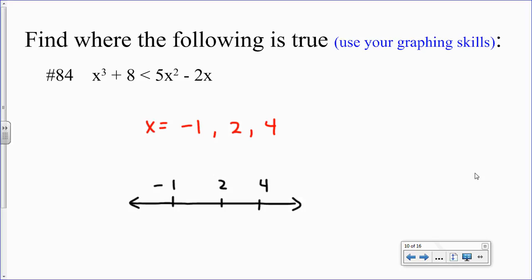Those are open circles. These all have a multiplicity of 1, so you go through at each one.